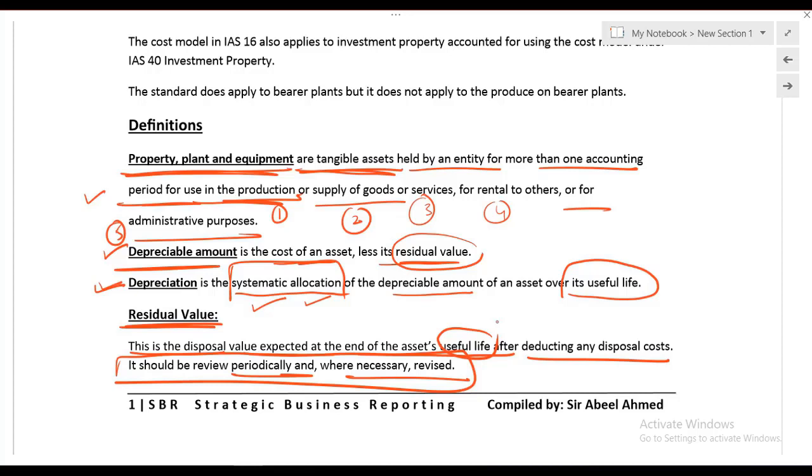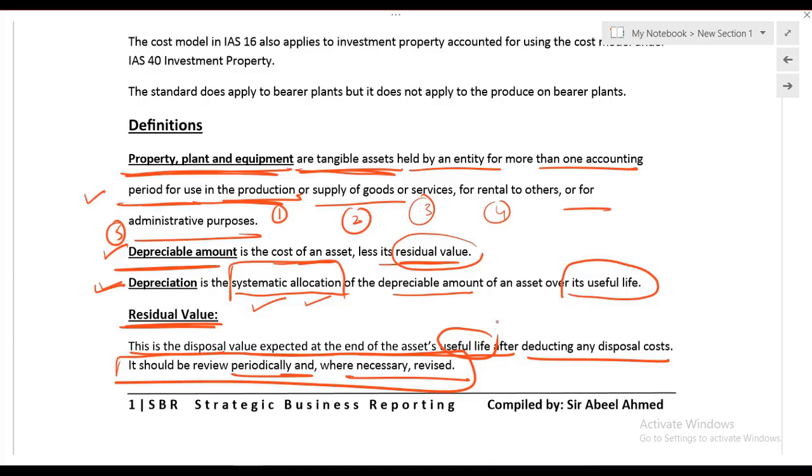It is also possible that an organization may start depreciating the asset even before its actual use.